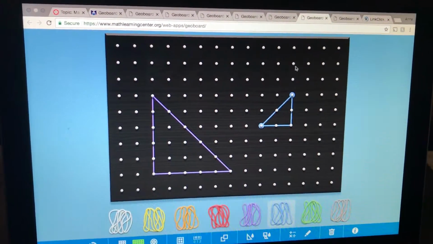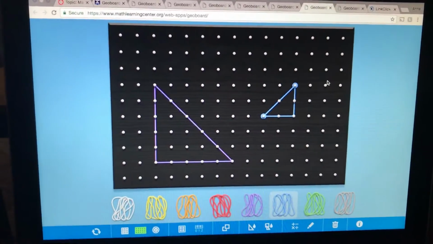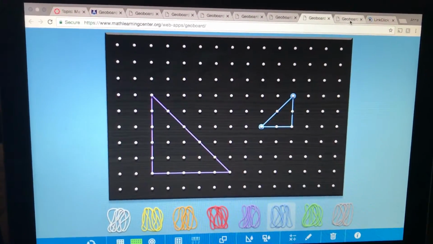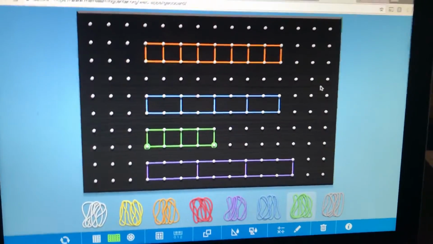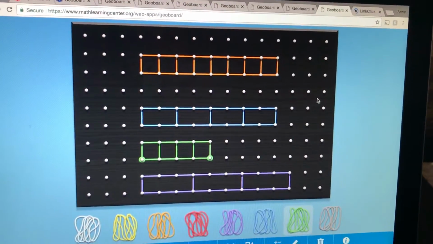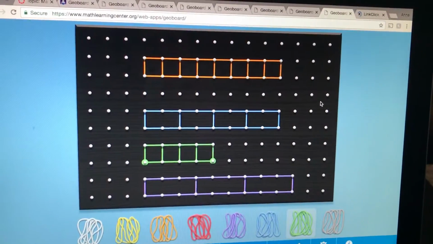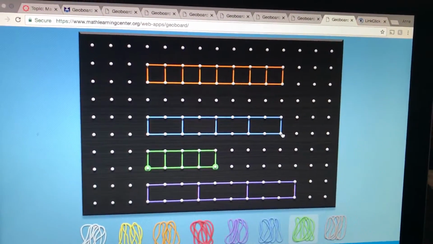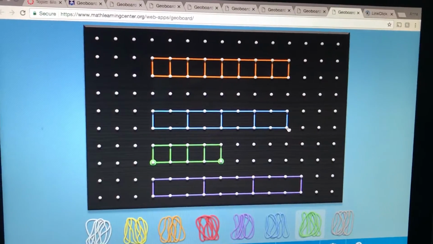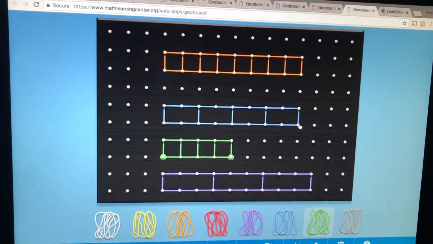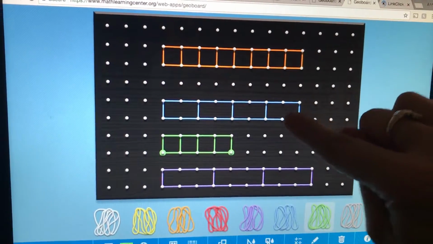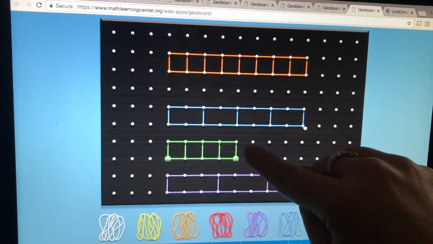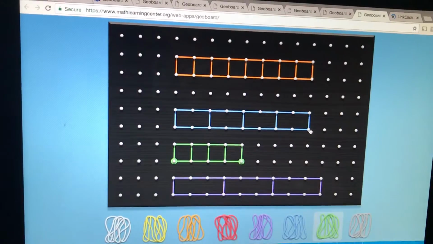So what I would do when using this in my 3rd grade practicum class this year is I would use it with fractions. So like we've talked about in class recently, it's hard for students to understand not only the difference between fractions like fourths, halves, eighths, but also the size of how in this image a fourth is 2 units big, but in this image a fourth is 1.